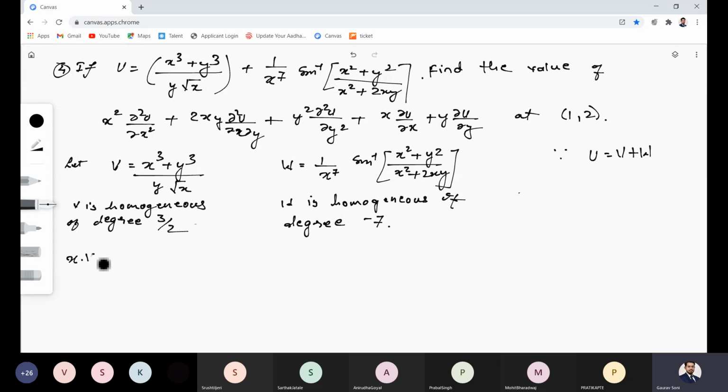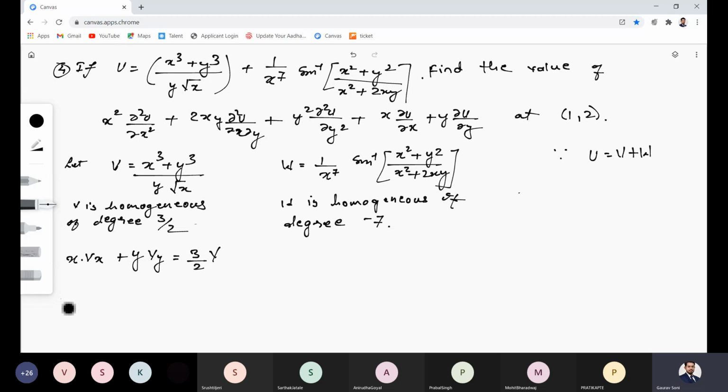So x into vx plus y into vy, by Euler's theorem, will be n into v. n is nothing but 3 by 2, so the answer will be 3 by 2 into v.